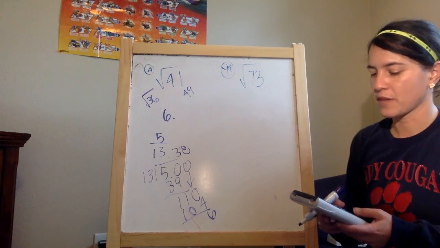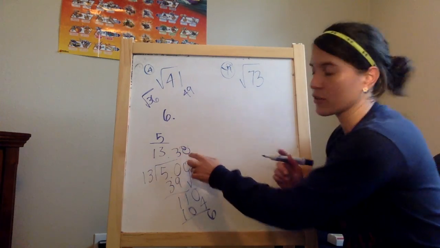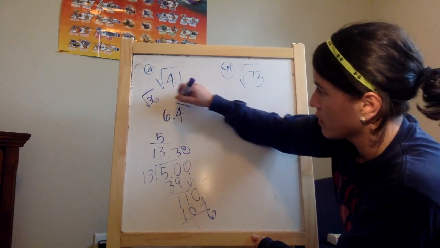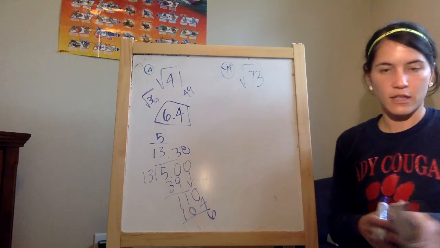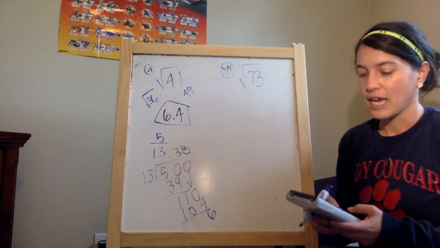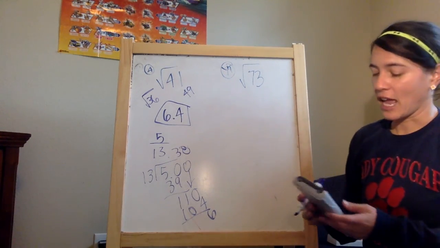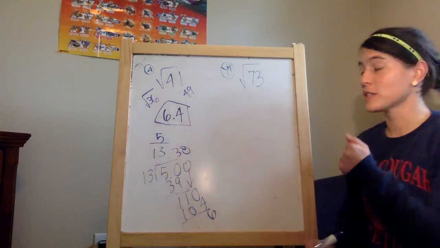Yeah. So my answer is 6.38, so 6.4. And then let me just check. The square root of 41 is 6.4. All right, you try this one, pause it, work it, and then press play.